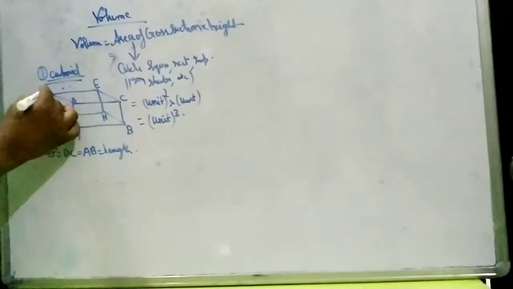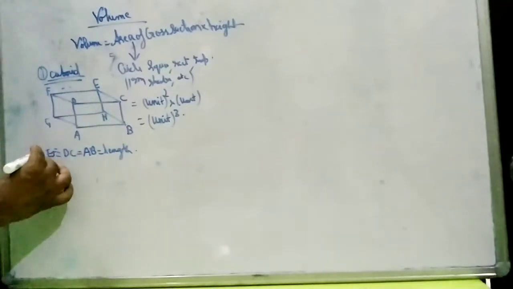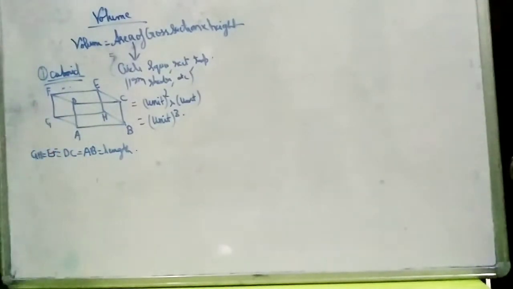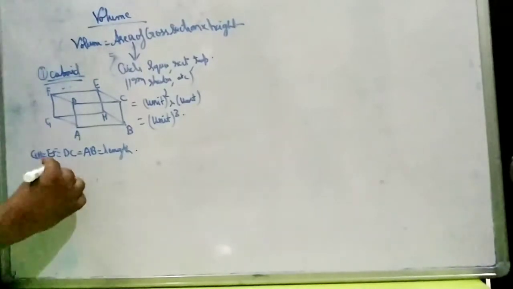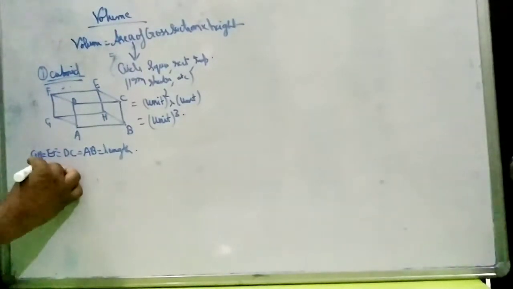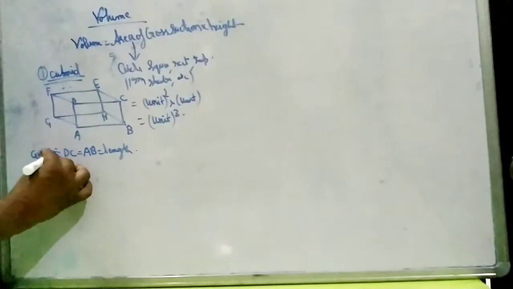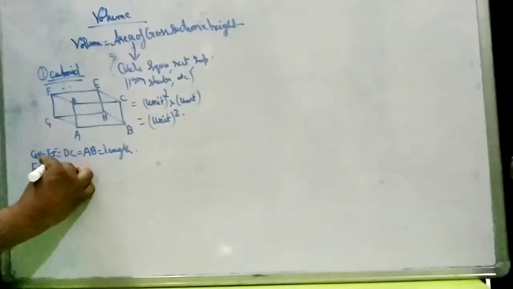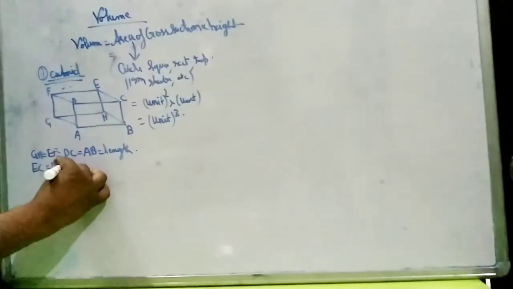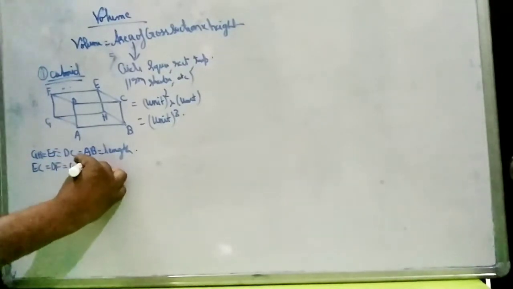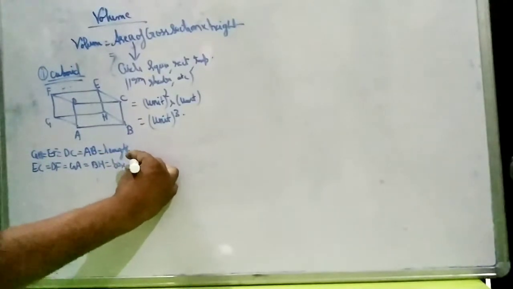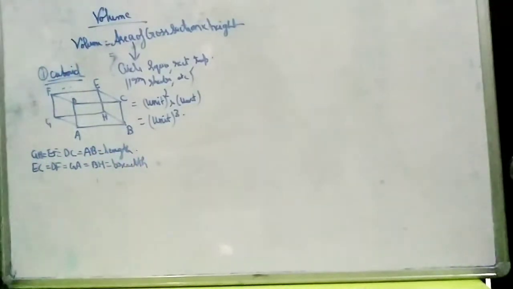EF is also representing the length, and GH is also representing the length, whereas breadth is BC, EC, DF, GA and BH, representing the breadth of the figure, or we can say width.